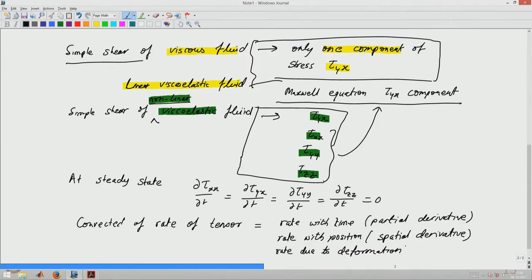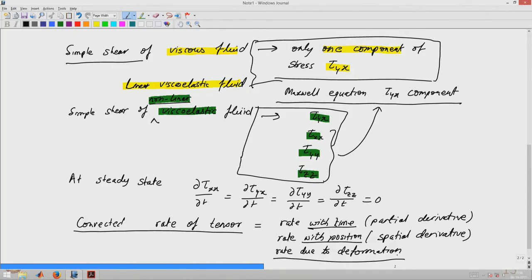And so, even if things are not changing with time and even if things are not changing with position, the overall convected rate of a tensor will in fact have non-zero values.